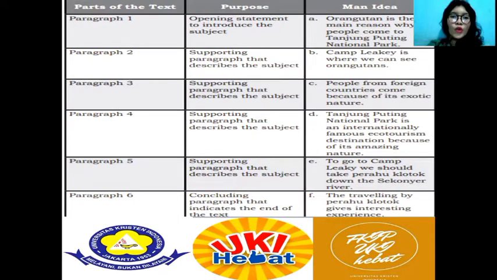After we classify the generic structure of the text of Tanjung Putih National Park, I hope you can understand the descriptive text itself and how to classify the generic structure.